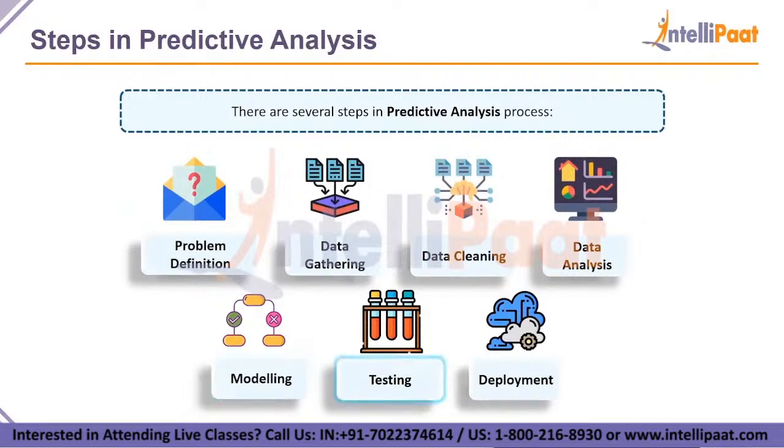Then comes testing. The model that we have created may or may not perform correctly. So to check whether or not it's performing up to a satisfactory level, we set aside some data for testing. That data set is something that the model has not seen in its training phase or the modeling phase. And then what happens is we show it the data and we already know the output that the data should produce.